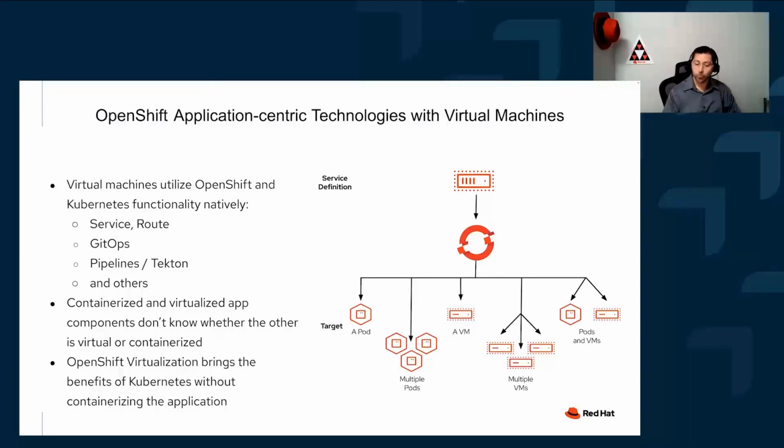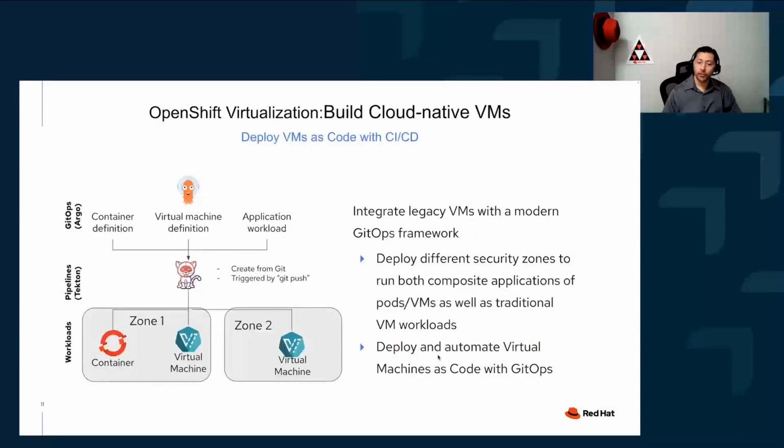And to that point, we have a public sector customer who's building an OpenShift Virt infrastructure to be deployed in 3 different security zones to run both mixed applications of pods and VMs as well as traditional VM workloads. And they're using a GitOps approach to deploy and heavily automate virtual machine as code with Argo CD and Helm charts for configuration, and then using Tekton pipelines to automate their continuous integration and deployment of those apps.